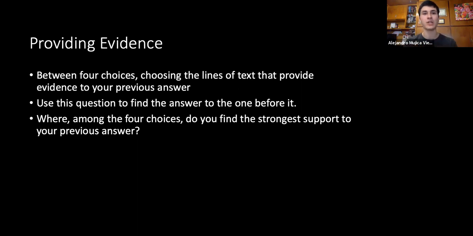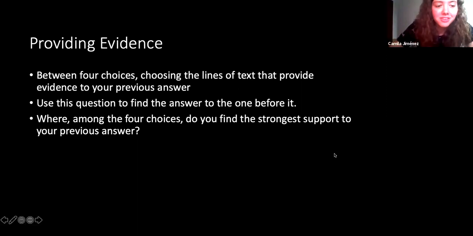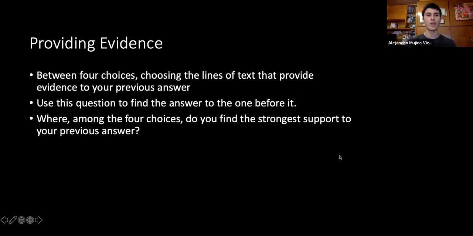So instead of looking at the whole text or thinking about where to look for your previous answer, just look at those 4 choices and see which one gives you a better answer for the previous question, because the previous question will always be something that you can find in the text. That's why you have evidence to support it. Does that make sense? Yeah, it does. Actually, I got it now. Thank you. Perfect. Let's move on.